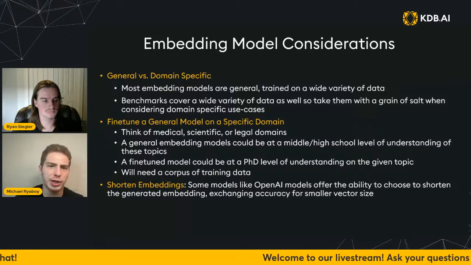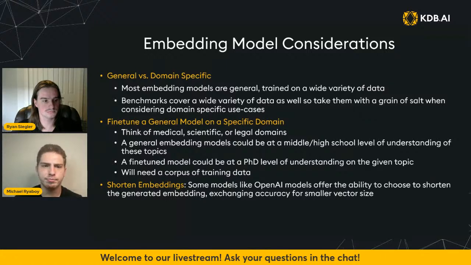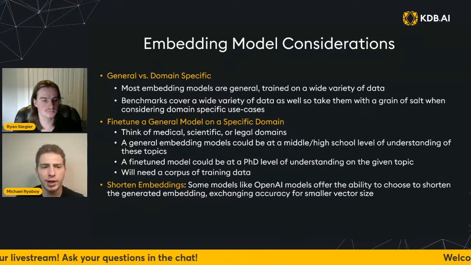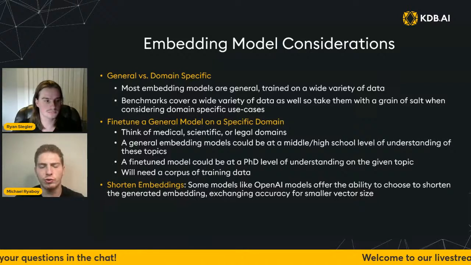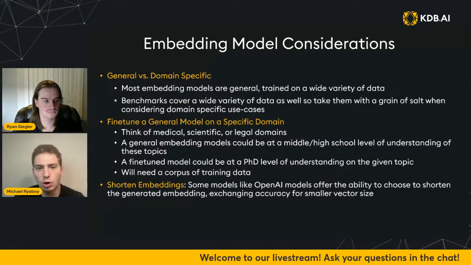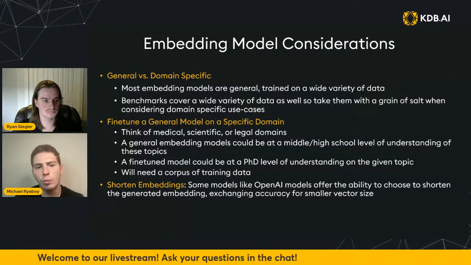And generally, benchmarks that test embedding models cover a wide variety of data. So in practice, when you're using an embedding model, you're likely searching over your own data. And even though these embedding models are okay for everything, they're not necessarily going to perform well for your specific data.